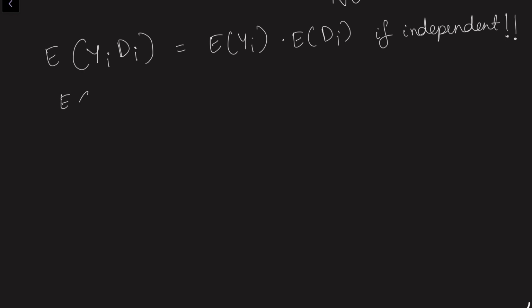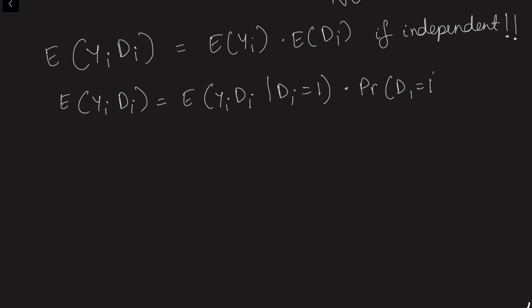So the expectation of Yi times Di, we can write this as the expectation of Yi times Di in the subgroup of treatment times the probability of being assigned treatment, plus the expectation of Yi Di in the subgroup of control times the probability of being assigned control.